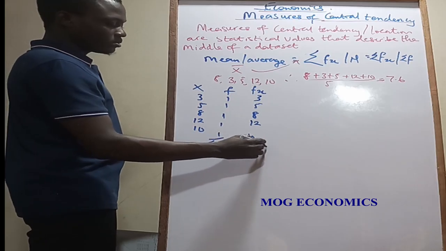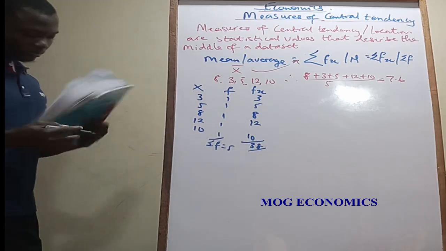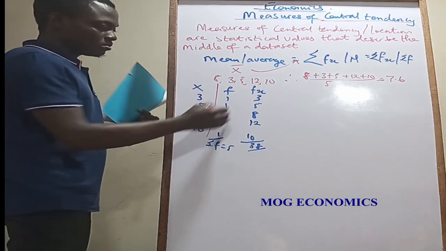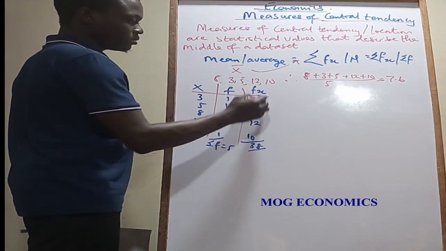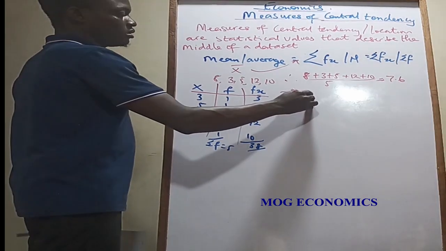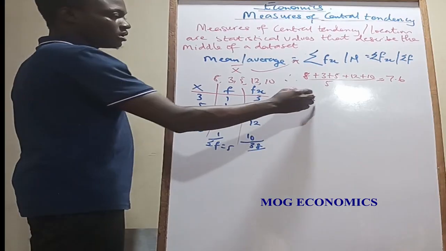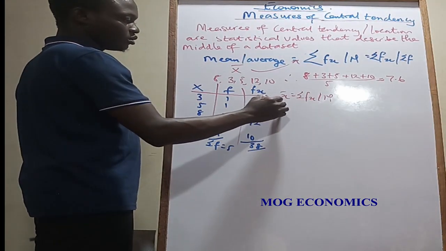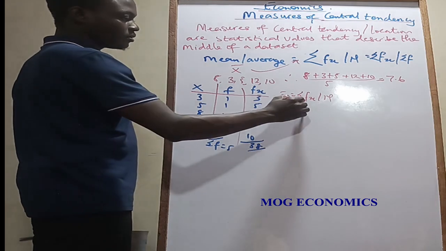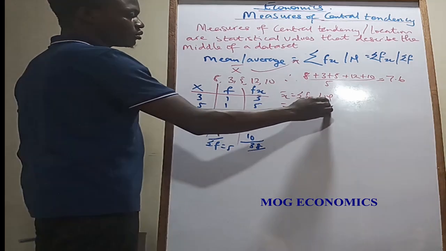So you can see our sum of fx. The mean is going to be the sum of fx, adding all of this together, divided by n, so 38 divided by 5, and that's still 7.6.